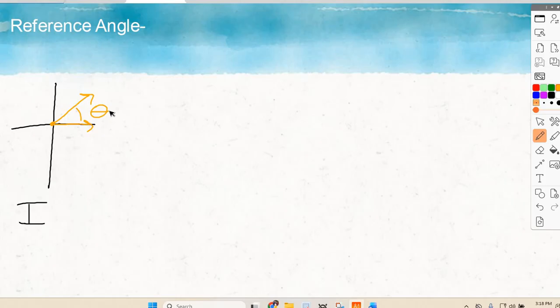And when we represent reference angles, we're going to call that theta prime. So in our first quadrant, because we already have acute angles, then we want acute angles. It just equals itself. So acute angles is the first requirement.